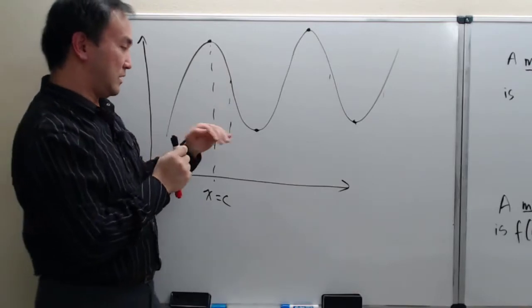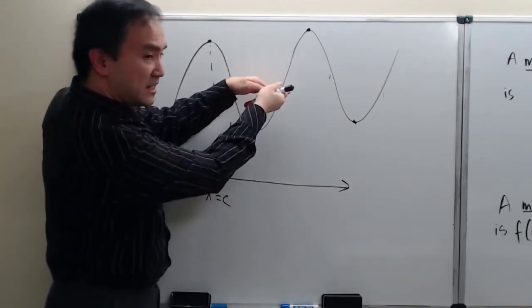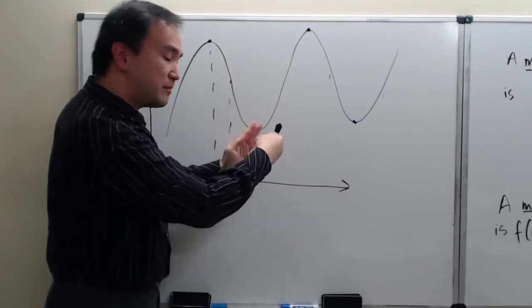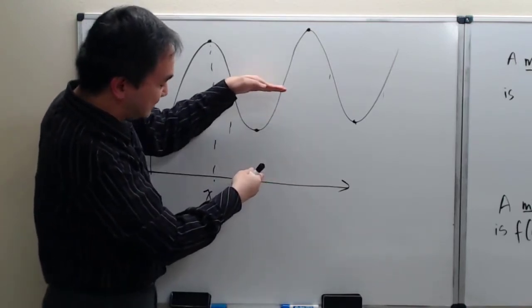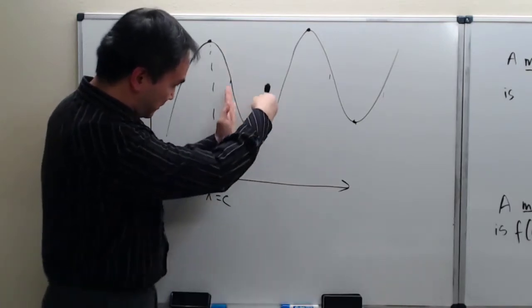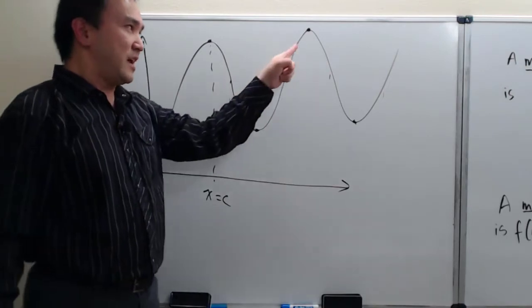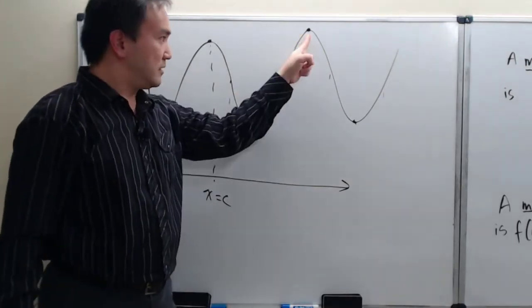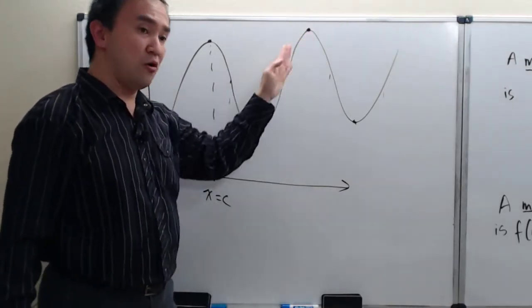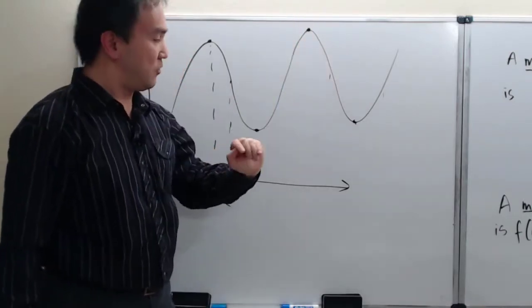Or say this point right here: anywhere else it's going to be higher than that, at least in some interval nearby. This is the lowest point vertically in some nearby interval. And the same way with this: this is the highest, but only in its nearby interval.